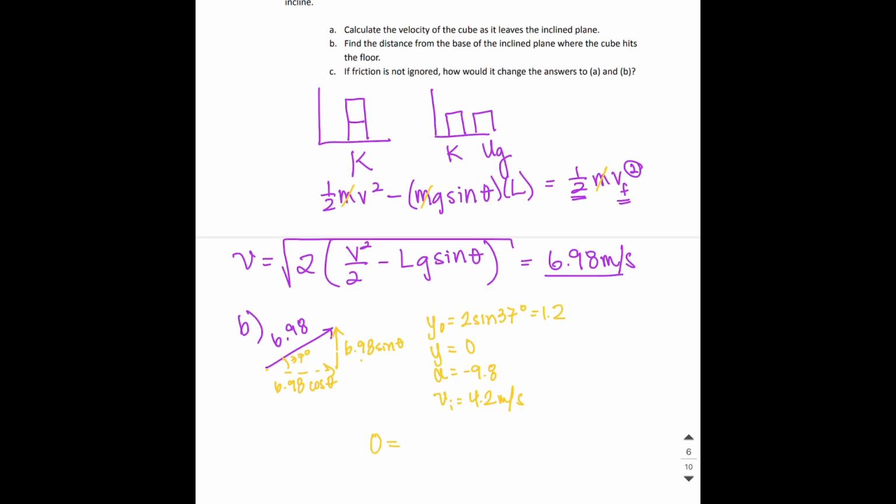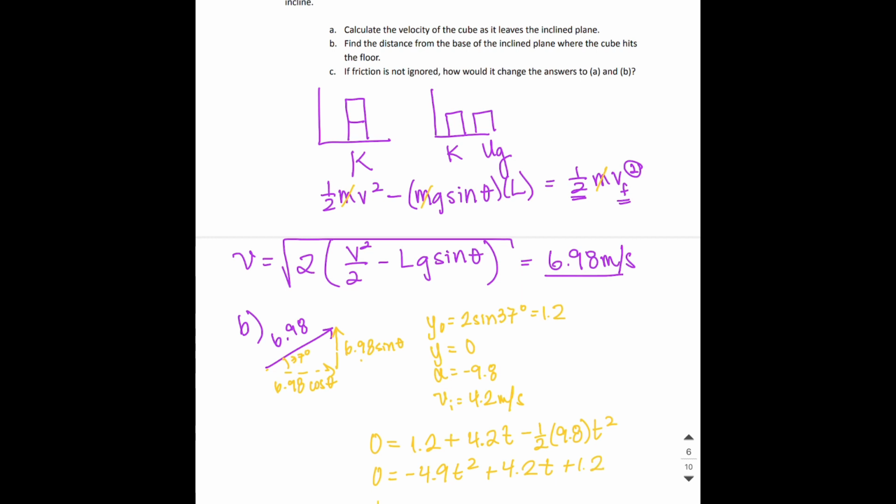This is the second kinematic equation, is equal to y naught plus v initial times t plus 1/2 at squared, so that's negative 1/2 9.8 t squared. So I'm going to rewrite this because I like my a's in front. 0 is equal to negative 4.9 t squared plus 4.2 t plus 1.2.